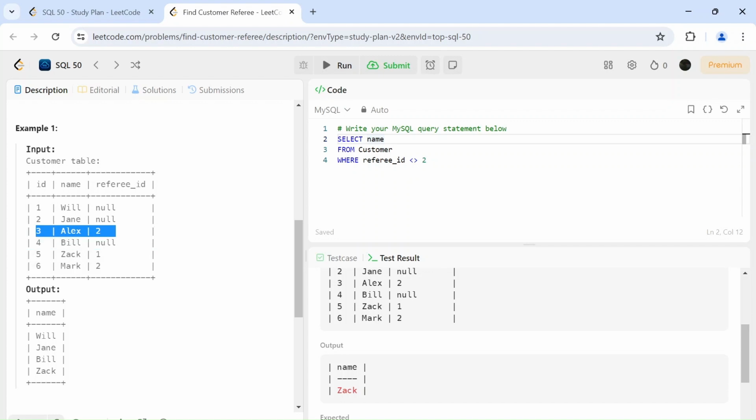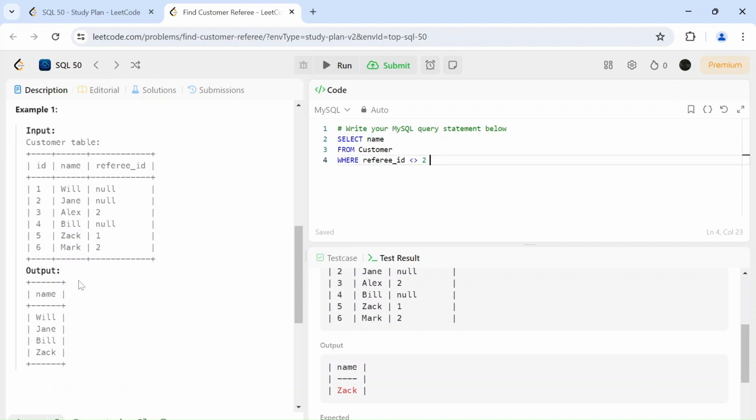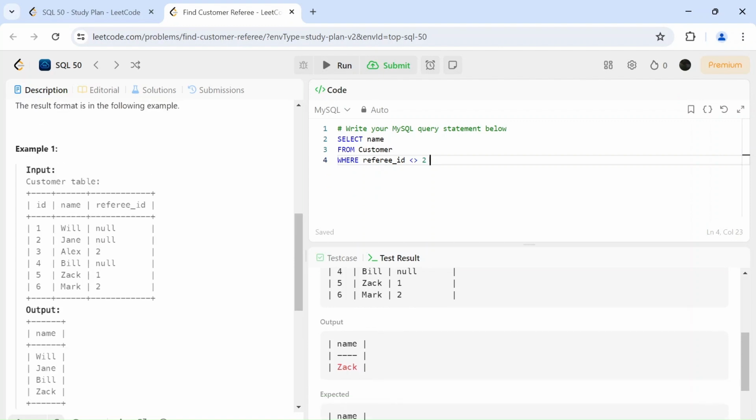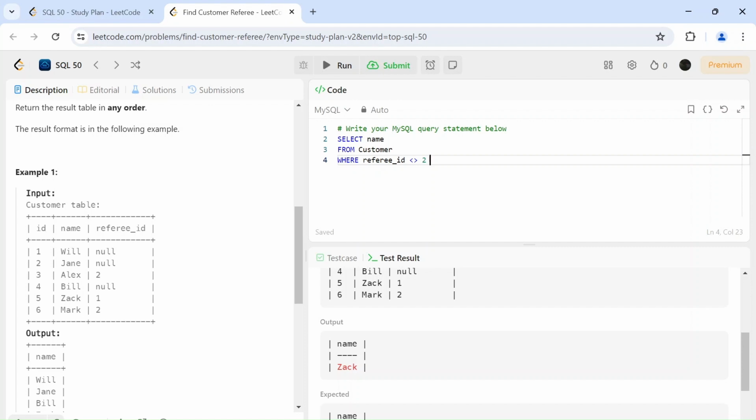Alex's value equals 2, so this condition will become false. We will remove Alex, and then Jack is not equal to 2, which is true, so we will include Jack, and Mark equals 2 again, so this condition is false. So we're only returning Jack, and we are ignoring all the rows that contain null value in referee ID.